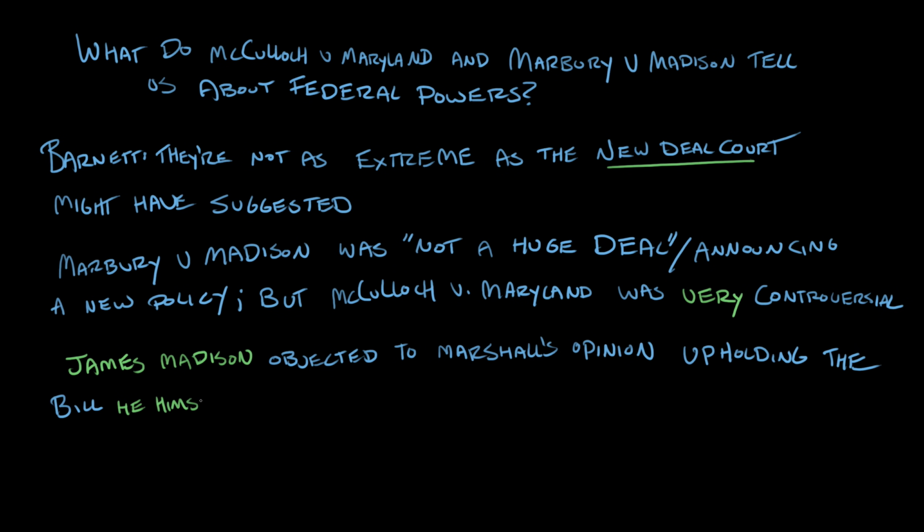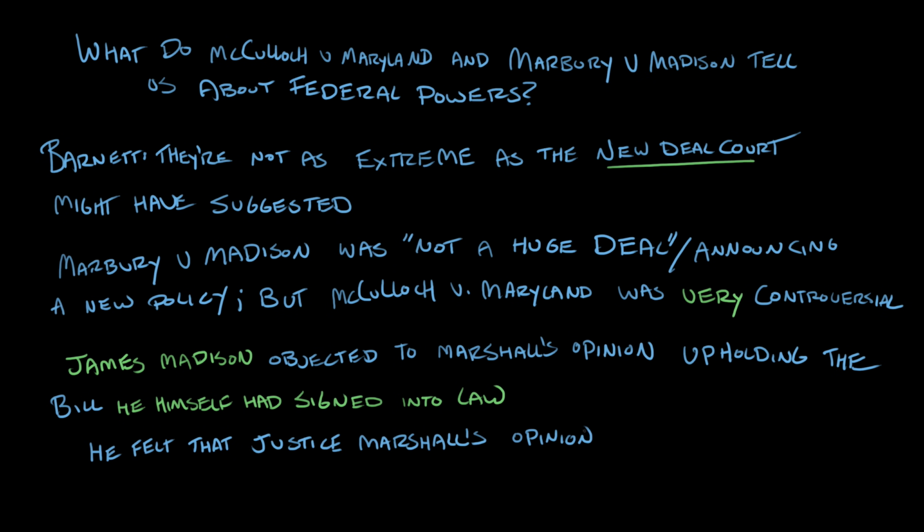So Madison still maintained that Marshall had a latitudinarian or overly broad interpretation of federal power, even in upholding the bill that Madison by this time had come to believe was constitutional.